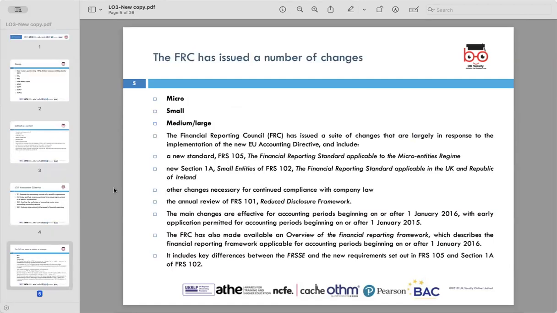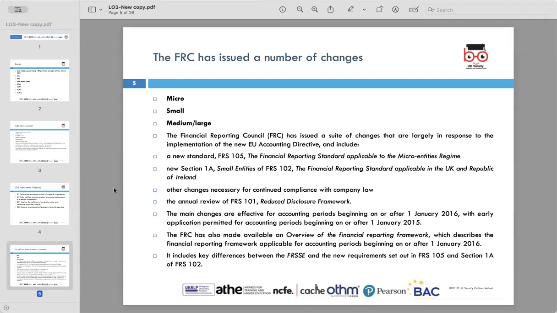The FRC has issued a number of changes: micro, small, medium, large. Changes in financial reporting standards. The Financial Reporting Council has introduced several changes to align with the new EU accounting directives.